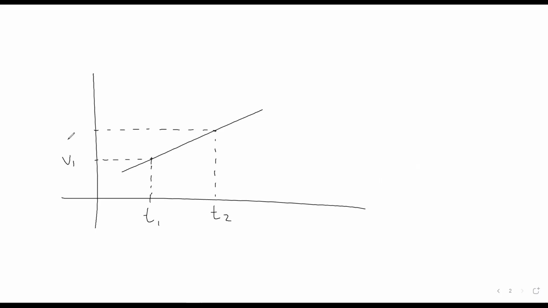So this slope, if this is theta, then tan theta is y2 minus y1 upon t2 minus t1, which is equal to m, the slope.